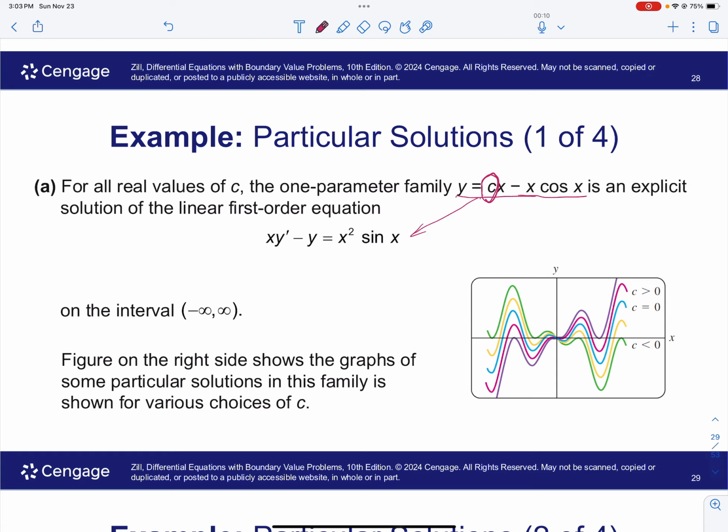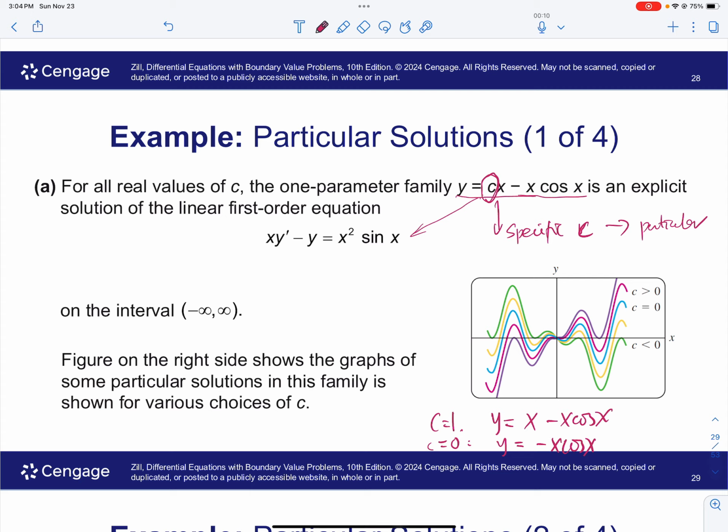Are you with me? C is a parameter. And how could we make a particular solution? A particular solution means you want a specific value. A specific C will give you a particular solution. This means you can choose C equal to 1, which will be x minus x cosine x. Or you can choose C equal to 0, y equal to negative x cosine x.